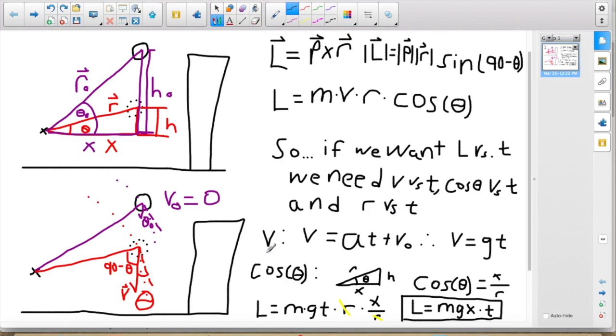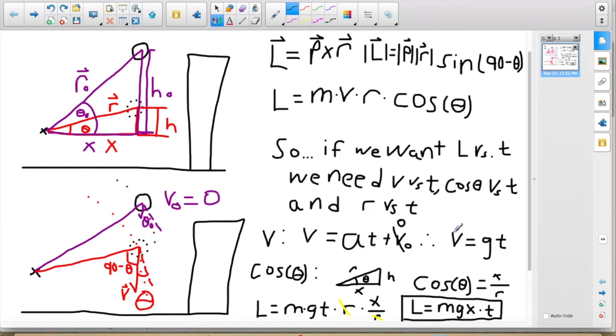So, to start off with, an equation for v, the speed of the ball. Well, we know that one of our kinematic equations is that velocity equals acceleration times time plus v naught. V naught in this case is 0 because the ball is dropped from rest. Acceleration would just be the acceleration due to gravity.